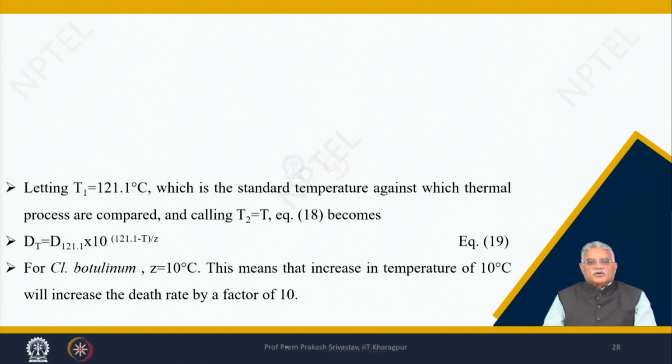For Clostridium botulinum, Z is equal to 10 degrees Celsius. This means that an increase in temperature of 10 degrees Celsius will increase the death rate by a factor of 10.